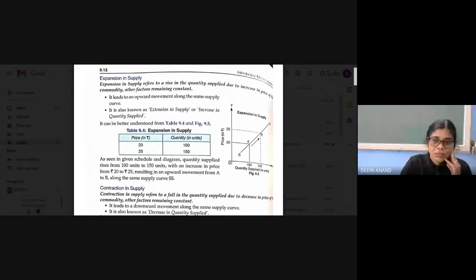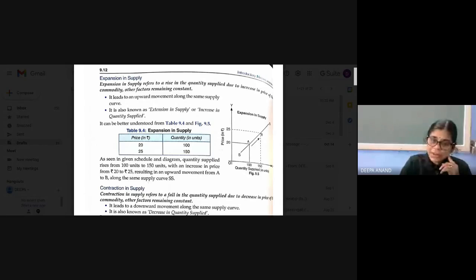This is a movement. Then name the supply curve as S. Whenever you make a graph, the very important components are, first of all, you name it. Here it is expansion in supply. That is the heading. Then the y-axis depicts the price and the x-axis depicts the quantity supplied. Then write price 20, 25 and quantity 100, 150.